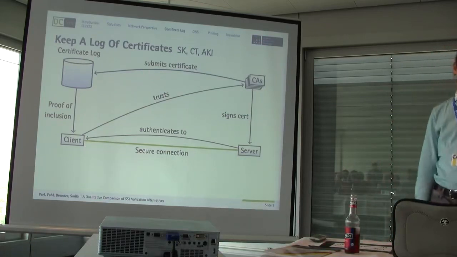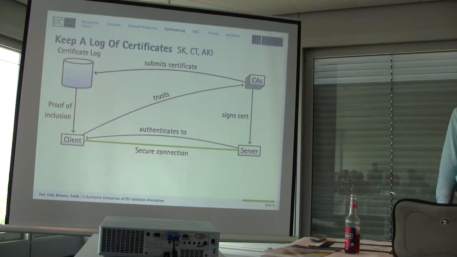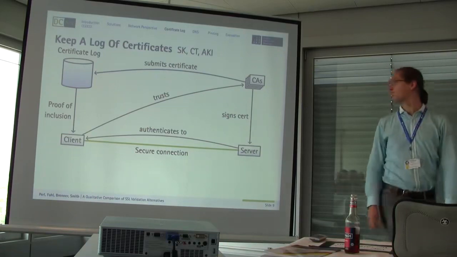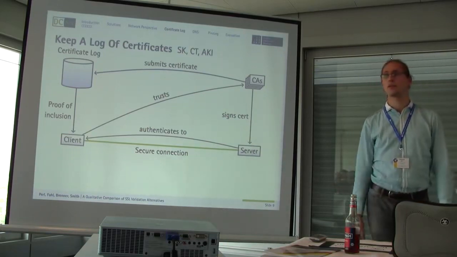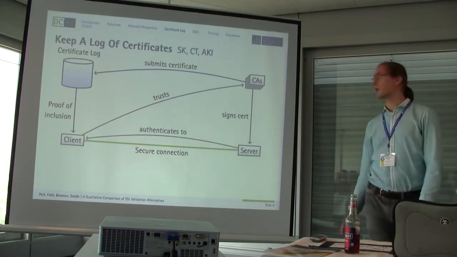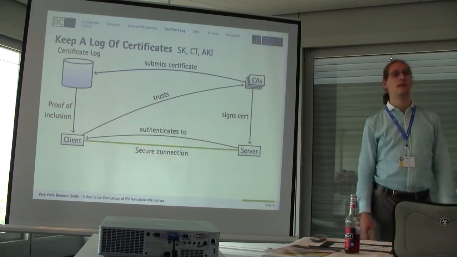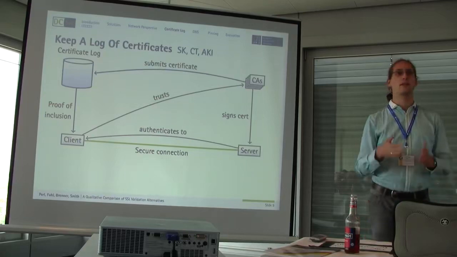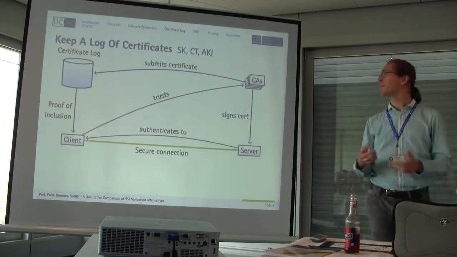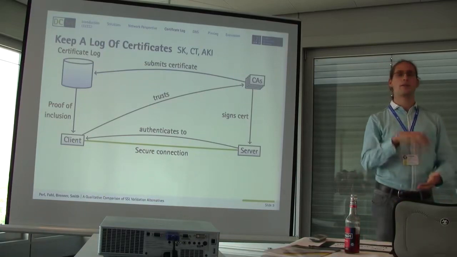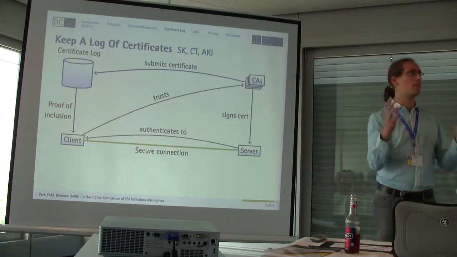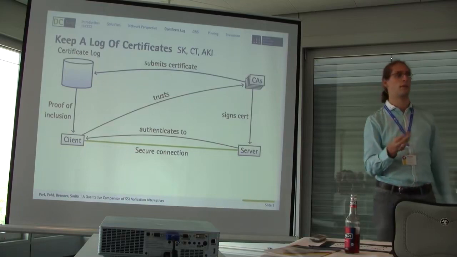So the client not only trusts the CAs that they don't sign malicious certificates, but also if the client gets presented a certificate, it can make the certificate log prove to it that the certificate is actually public, that the certificate is public knowledge.